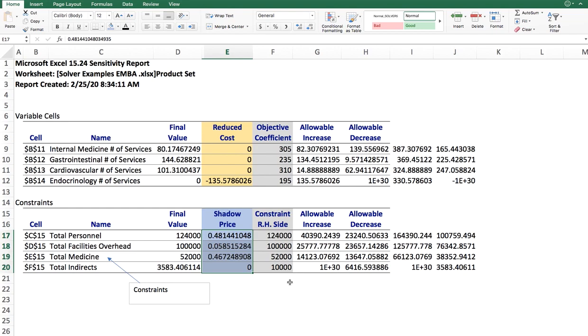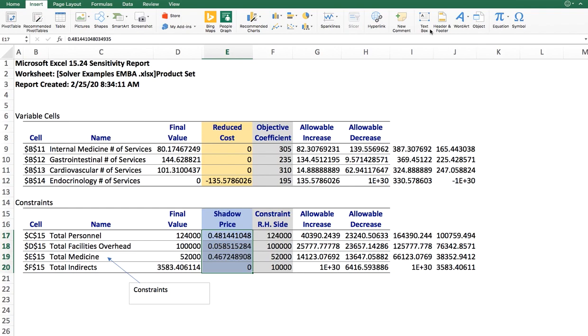And what's our optimal solution? It's basically profits, right? So your shadow price is your optimal profits, based on existing constraints.